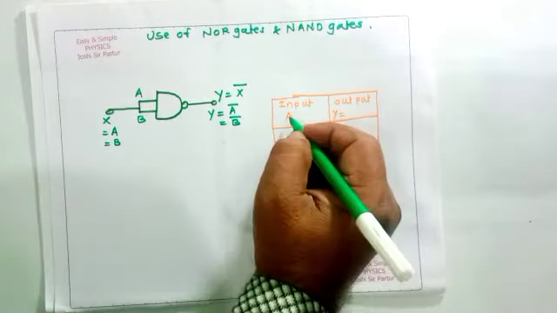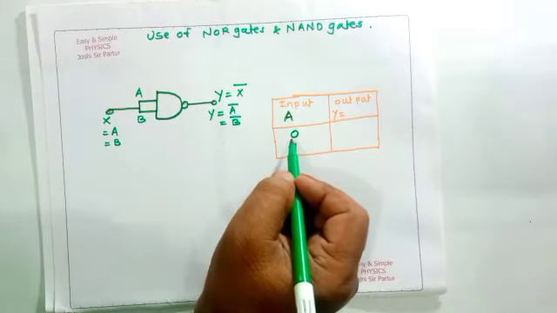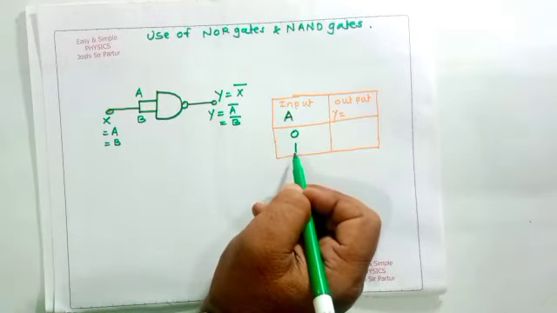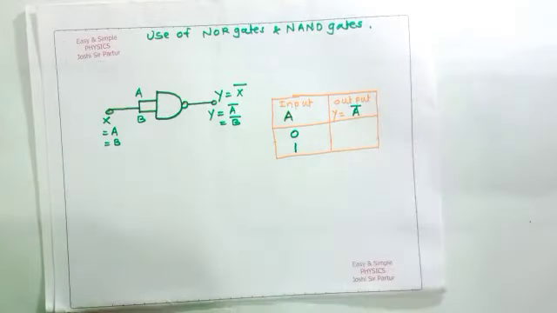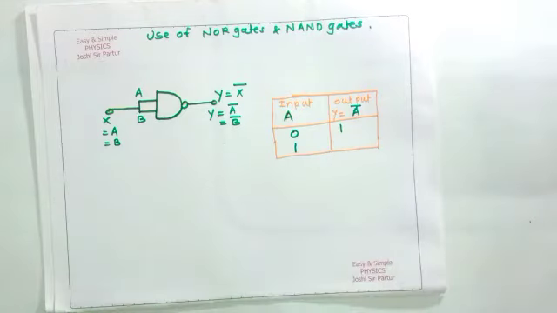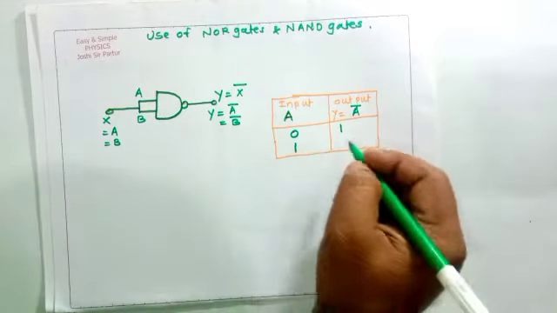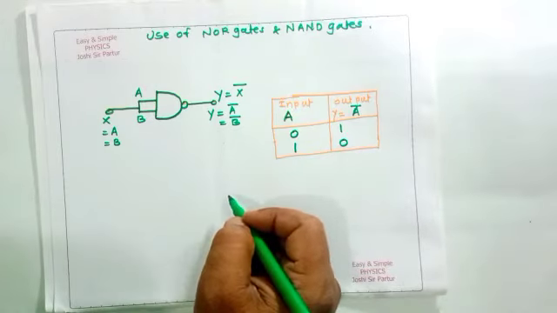If input will be A, having two possible conditions, low and high, output will be complement of A. So output will be high when input is low, and when input is high, output is low. This is the condition for NOT gate.